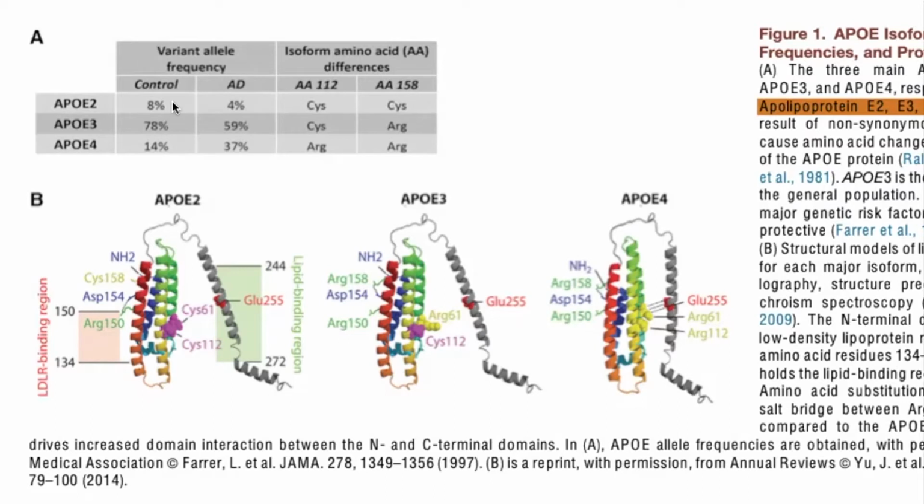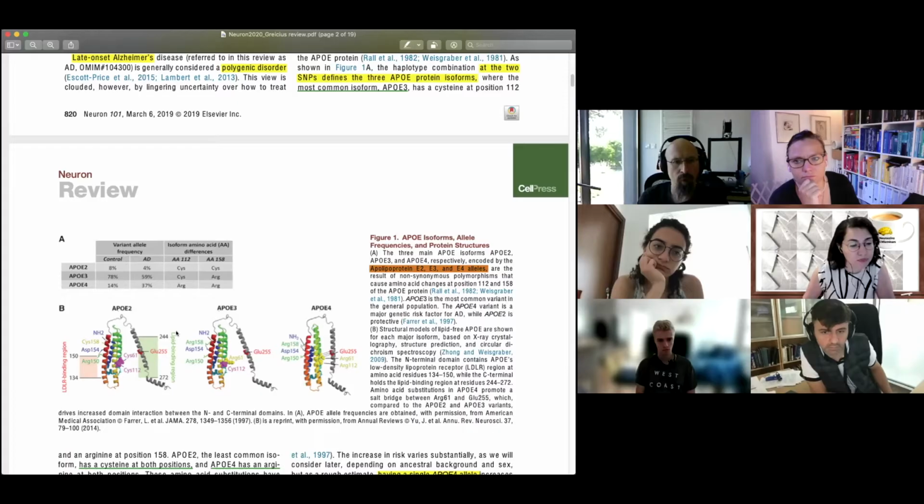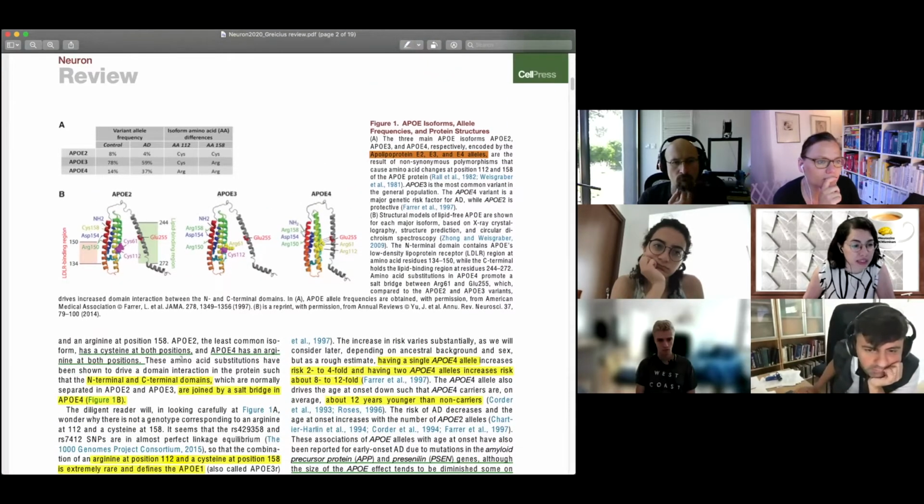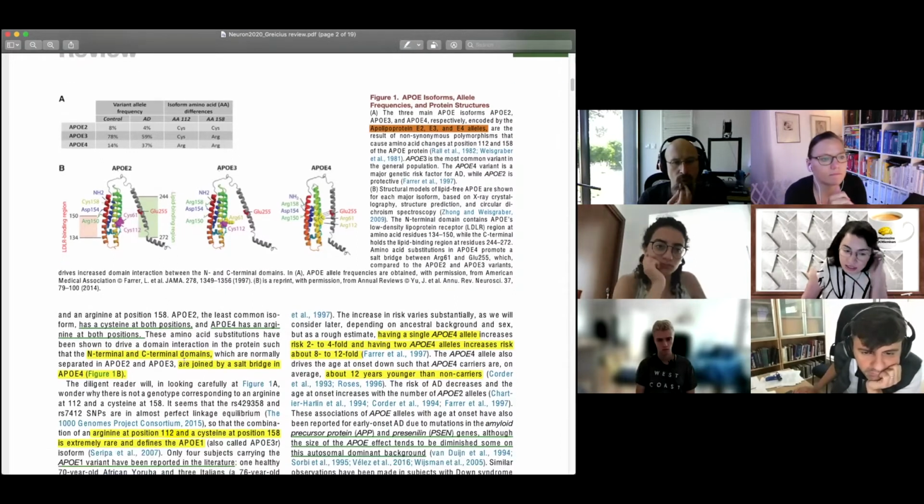Then we have APOE2 and APOE4, with different presentations in control and Alzheimer disease. As you can see here, in Alzheimer disease we have a higher presence of the APOE4 isoform. So this is to understand the subject of this review.